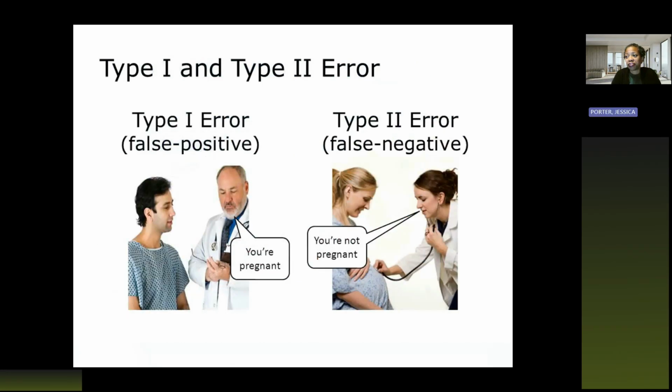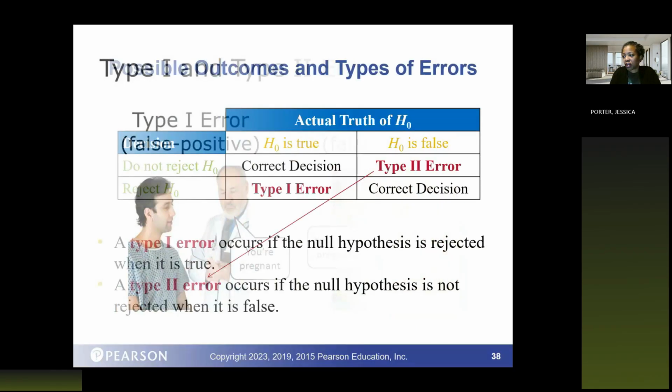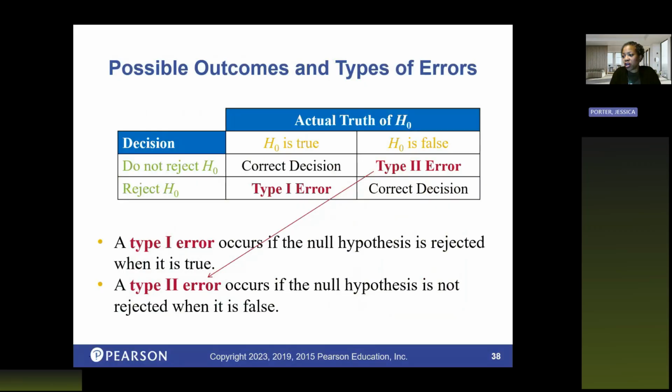Here's what that looks like. Type 1 and 2 error, just as in a graphic. Type 1 error is false positive, rejecting a true null.